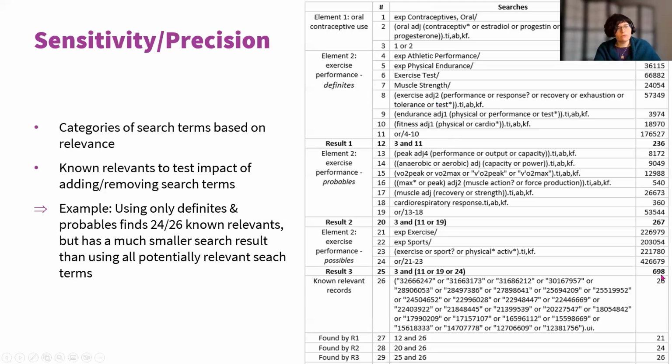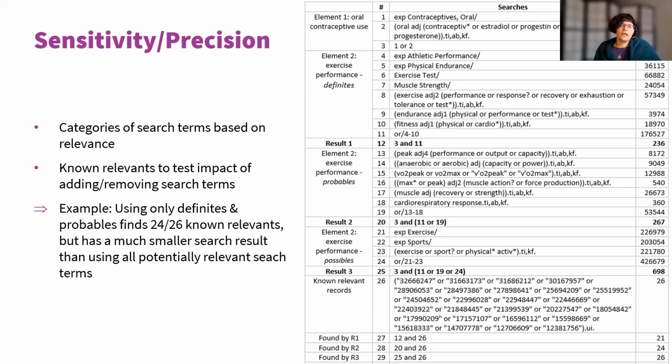For our rapid review, we also look at the number of search results found. And we see there is a very huge jump between using only the first 2 sets and the third set as well. The number of results is more than doubled.